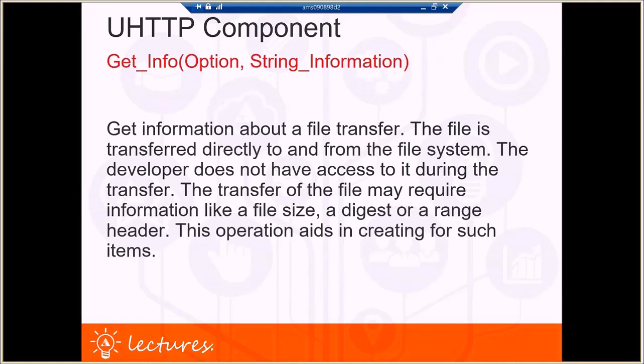So for example, if you're uploading a file, once you call the load file contents, you could call the get info operation to get a digest of the file contents, and that will uniquely identify the file contents, so that often when you've uploaded it, part of the response from the REST API will be a digest of the file contents that was received, and then you can compare the two to make sure that there was no corruption during the transfer.